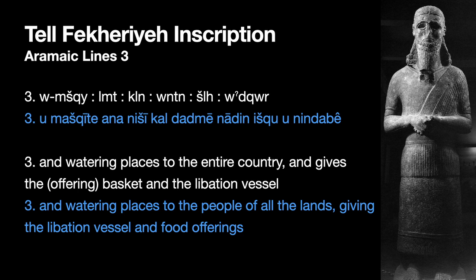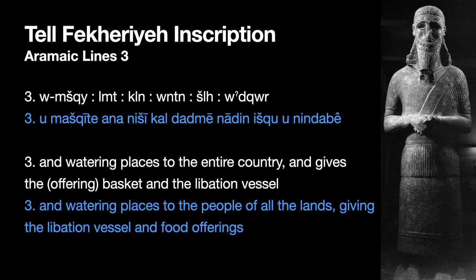Umashkite ananishi kaldadme nadin ishku unindabei, which is something like, and watering places to the entire country, and gives the offering basket and the libation vessel in the Aramaic, similar in the Akkadian below, and watering places to the people of all the lands, giving the libation vessel and food offerings.